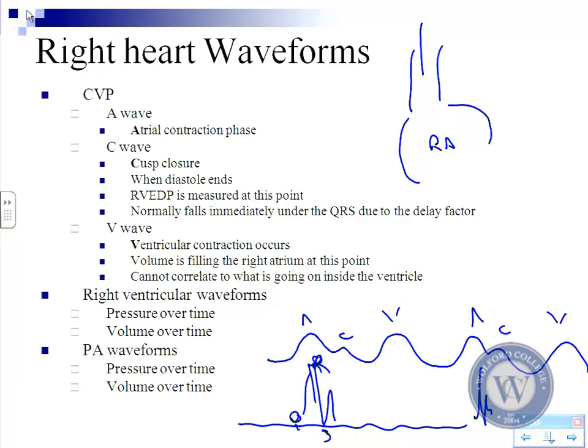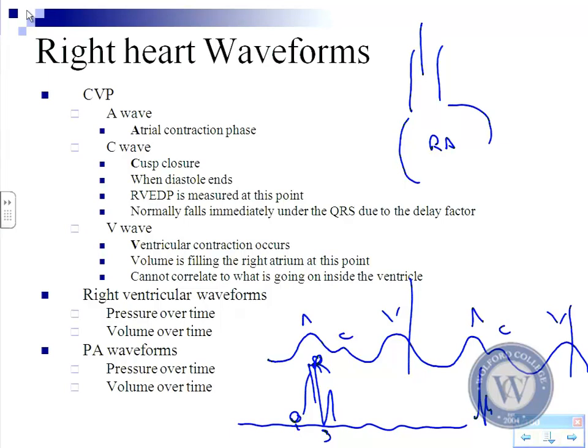When the V wave begins to drop off, what happens here? The tricuspid valve opens. So now you're allowing isovolumetric relaxation to take place. Make sense? So that's where diastole begins.